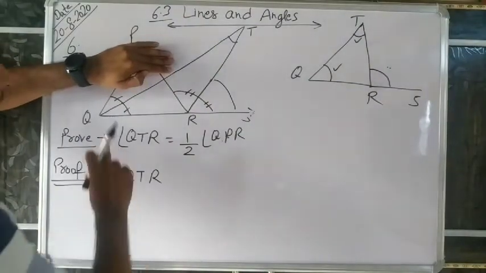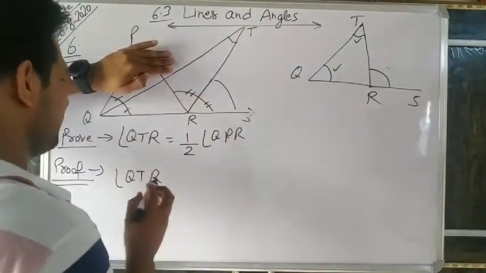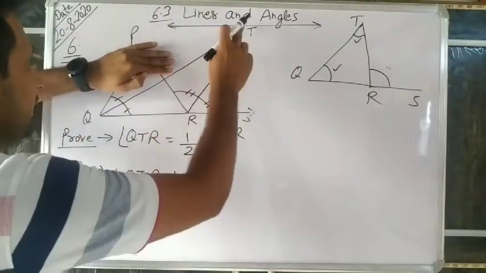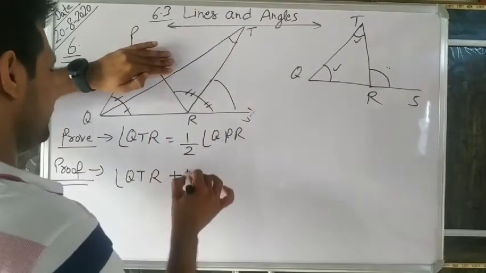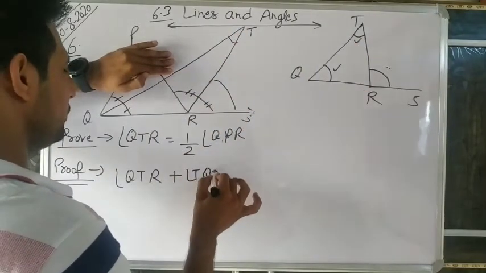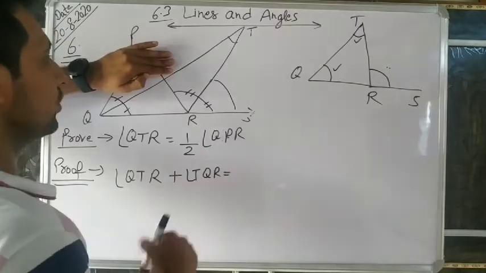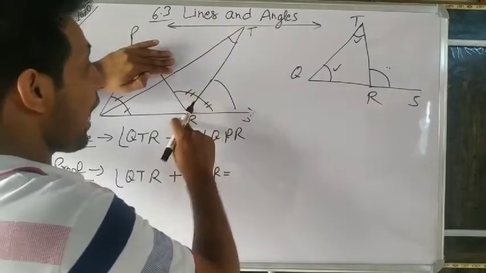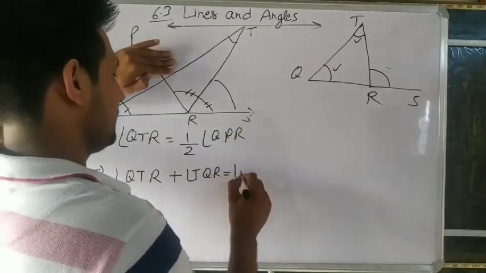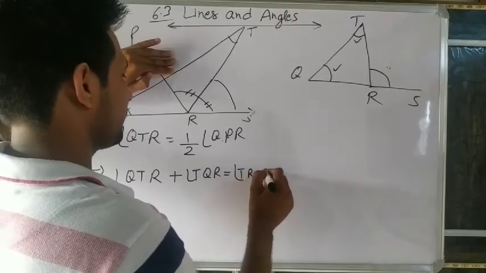So we write angle QTR plus angle TQR equals angle TRS.